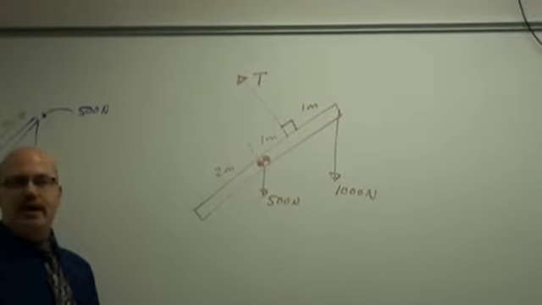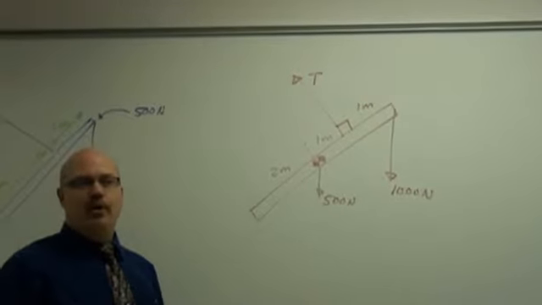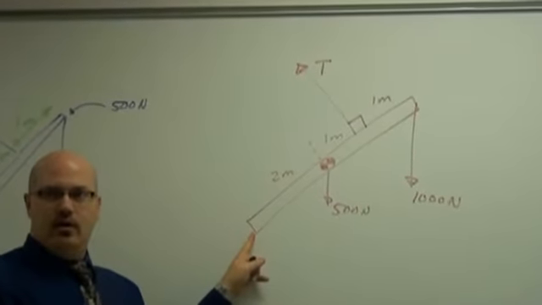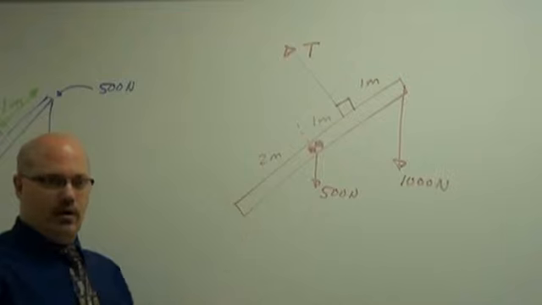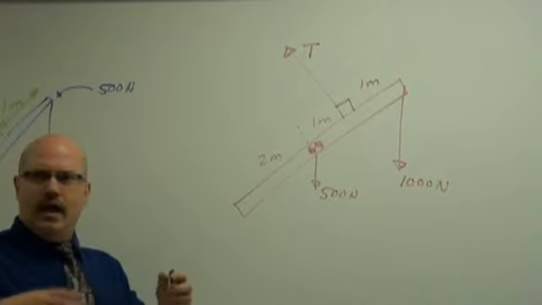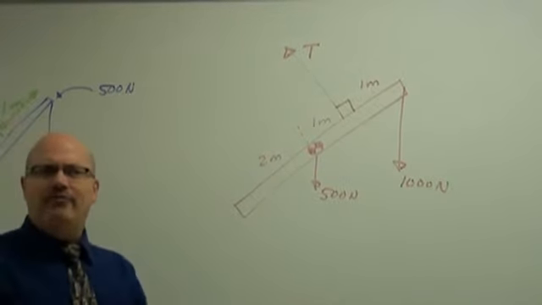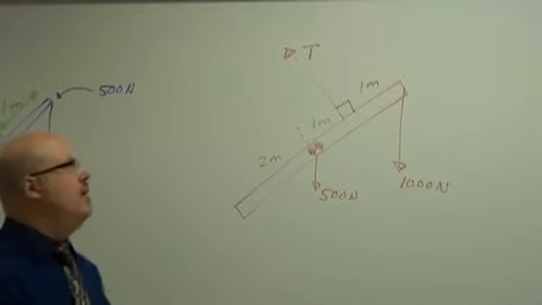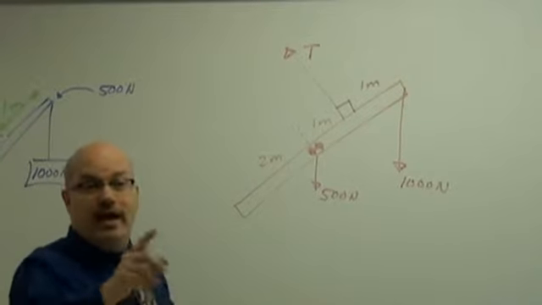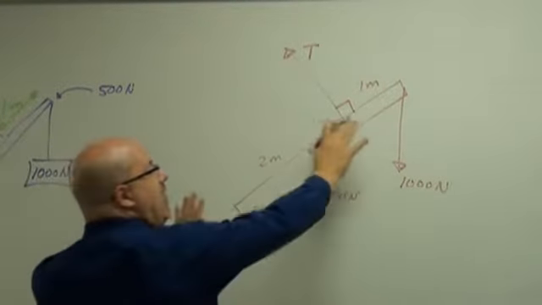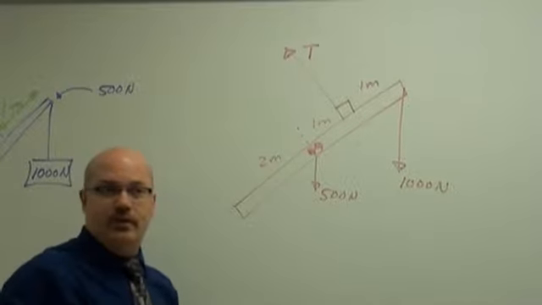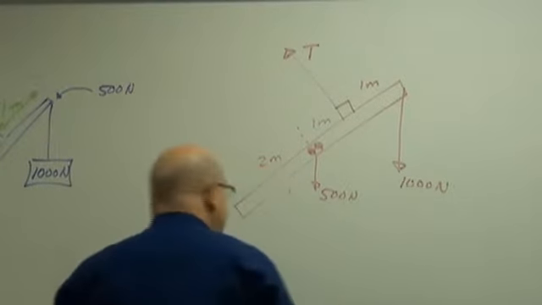Will there need to be a horizontal component to that force at the pivot? Yes, you have to. Why do we know we have to have a horizontal component? Not just because it's against the wall, but our diagram tells us why: tension's pulling left, and we need something to balance it.